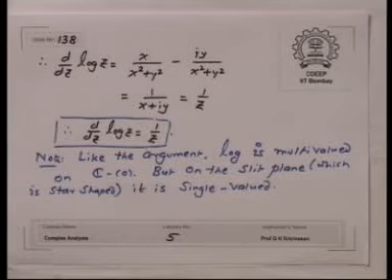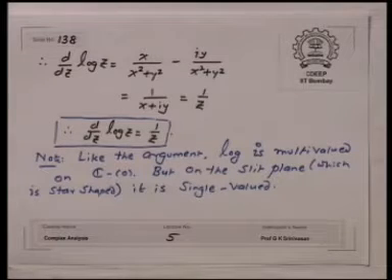So the derivative of log z is 1 over z, no matter which branch you choose. Like the argument, little log is multivalued on C minus the origin, but on the slit plane it is single valued.